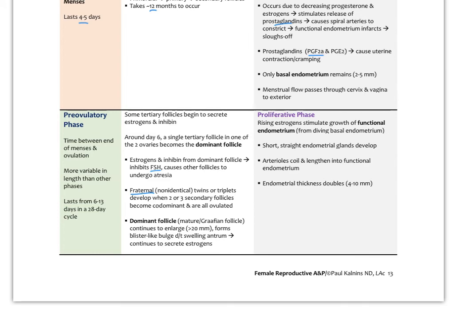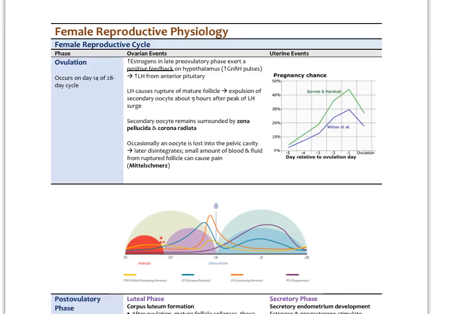The spiral arteries again begin to coil, and they lengthen into the functional endometrium, and the endometrial thickness doubles to up to 10 millimeters. That's a little on the large side, but on average it's 4 to 5 millimeters. This is the proliferative phase, all being driven primarily by estradiol.